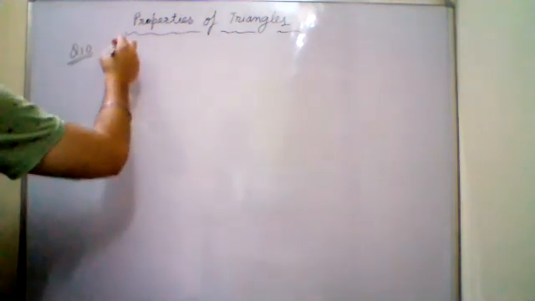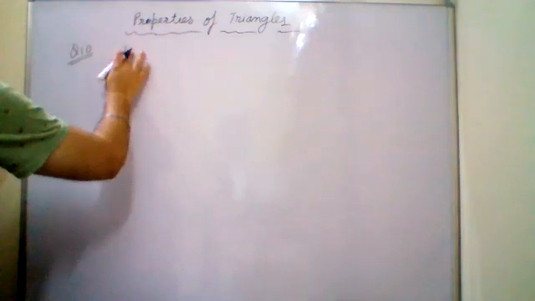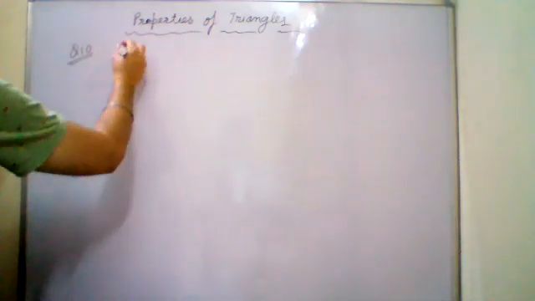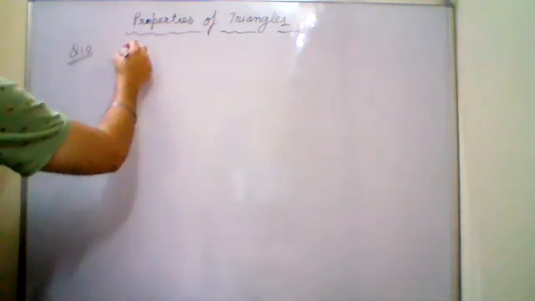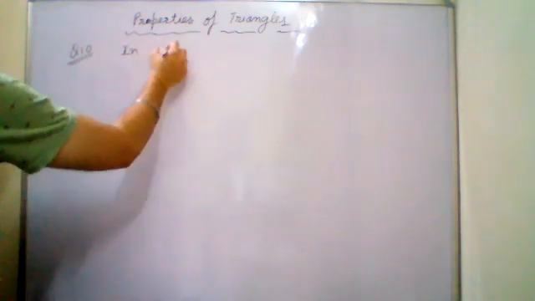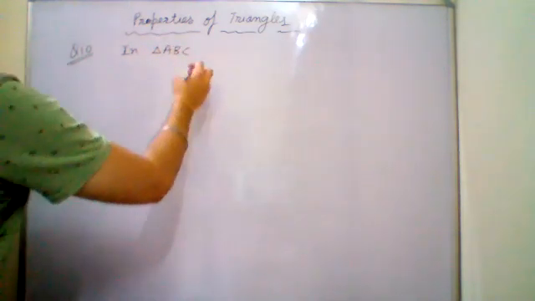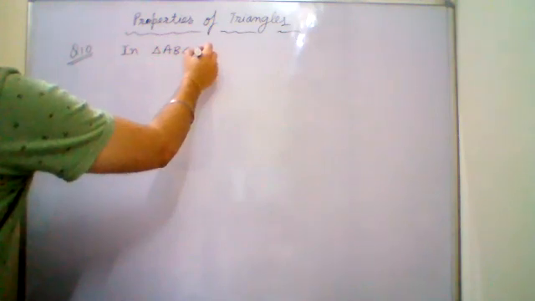So there is something given in triangle ABC. What is given?